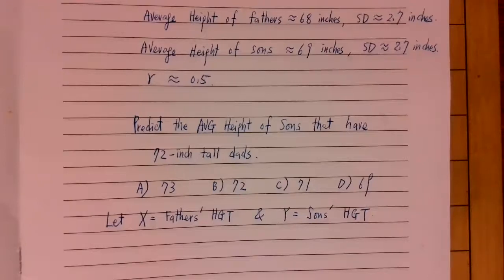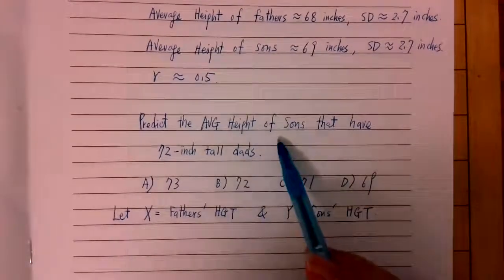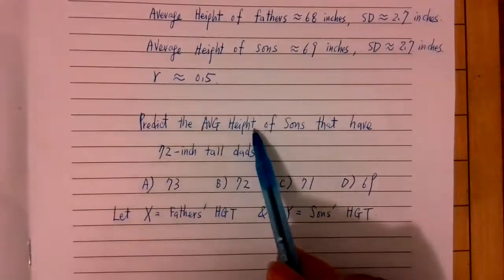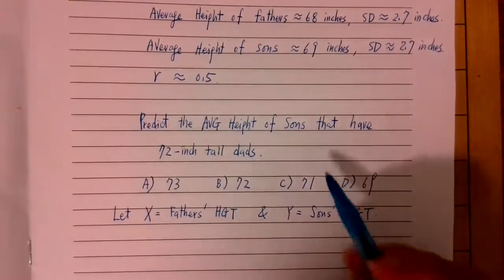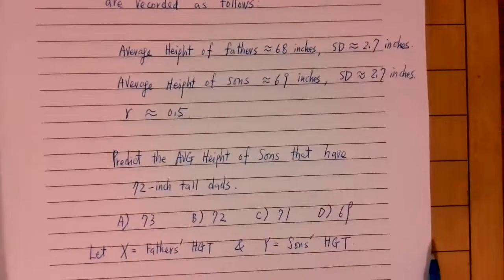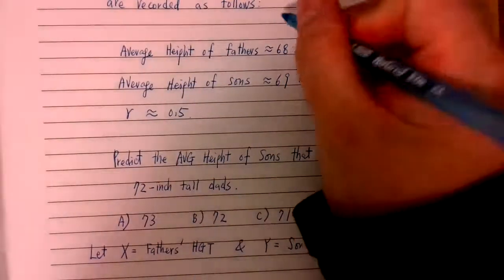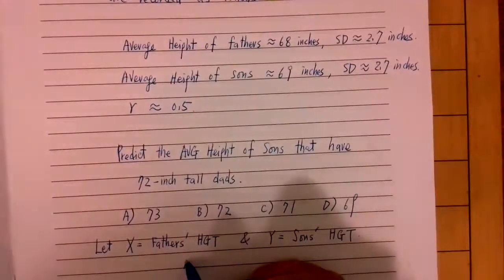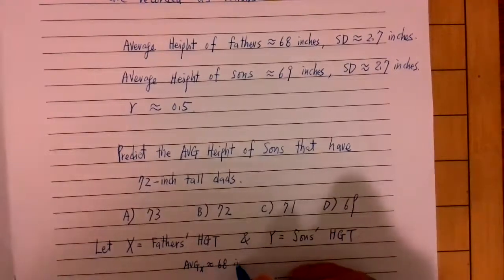Let X be father's height and Y be son's height. Finish copying and then we're going to talk about it. If a person has never learned statistics and looks at the given data set: average X, 68 inches tall.